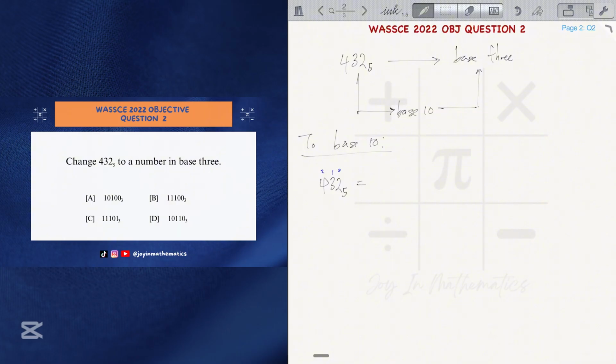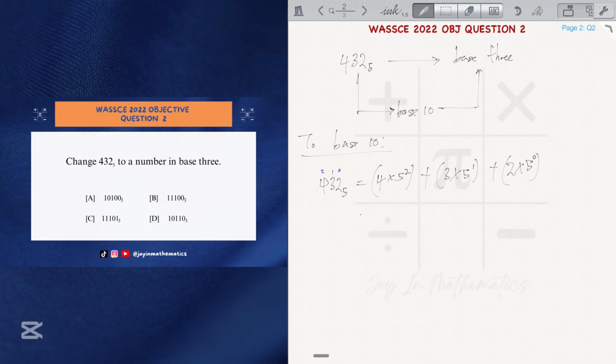This becomes 4 multiplied by 5 raised to the power of 2, plus 3 multiplied by 5 raised to the power of 1, and we have 2 multiplied by base 5 raised to the power of 0.